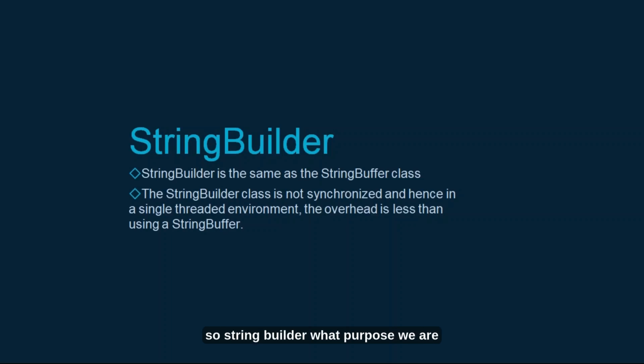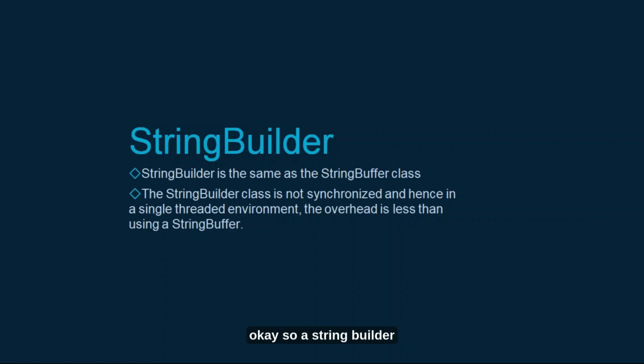For what purpose are we using it? To manipulate the value, for mutable purposes. We want to create a mutable object and change our object value, so we use the string builder, but in the asynchronous environment. String buffer is for the synchronous environment.